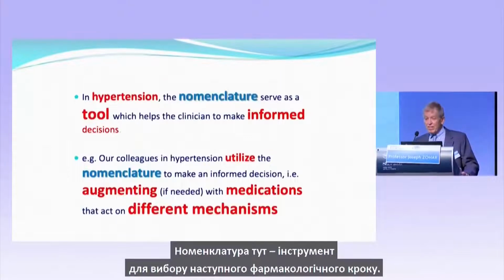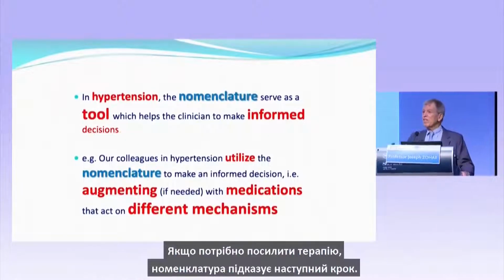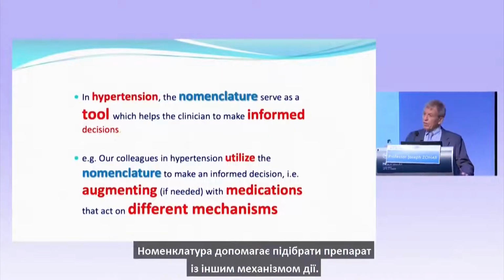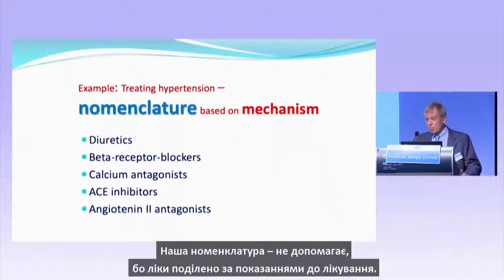Basically, they use the nomenclature as a tool while they are trying to make the next pharmacological step. So let's say if they would like to augment the treatment, they use medication with a different type of mechanism.